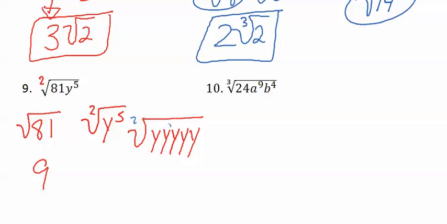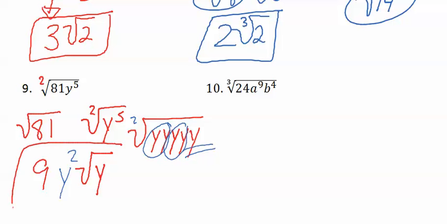So we're looking for the pairs. There's 1 pair, 2 pairs. So I'm taking out y to the 2nd. But you'll notice that there's 1 y remaining. That y goes back underneath the square root. You could also just divide it. 2 goes into 5 twice, 1 remaining.